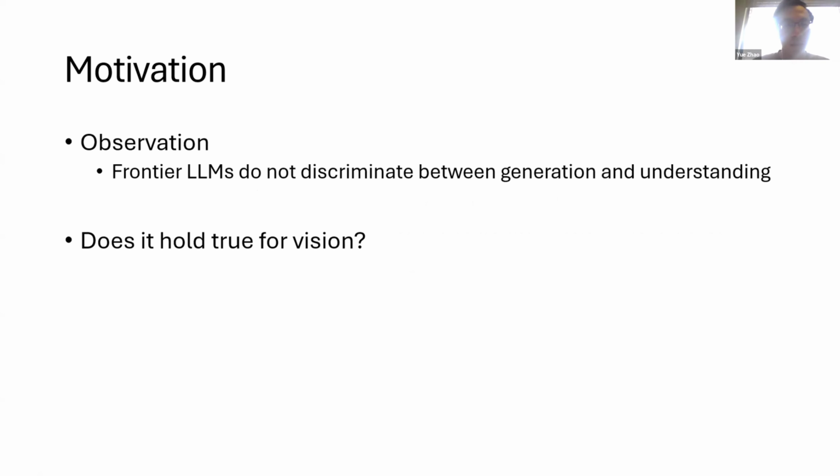But for vision, we have a separation of image understanding and image generation into two totally different directions and methodologies. So the goal here is to figure out whether there is a way to combine these two in a unified way. That's the motivation of the work.